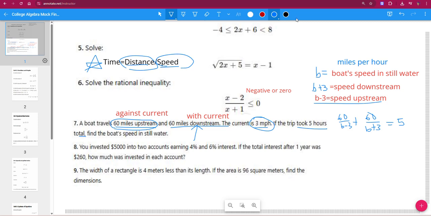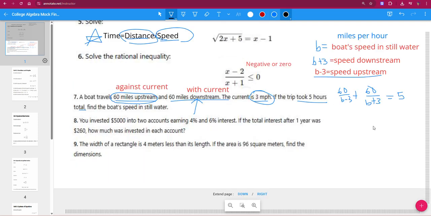So now I have this set up here, and I can multiply by the least common denominator, which is just going to be these two combined, B minus 3 and B plus 3. So I'm going to multiply the whole thing by B minus 3, B plus 3, multiplying every term by that.